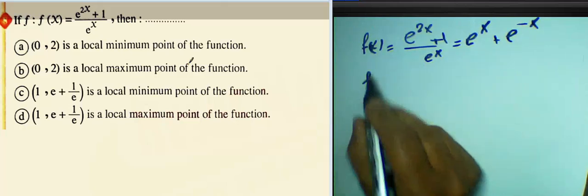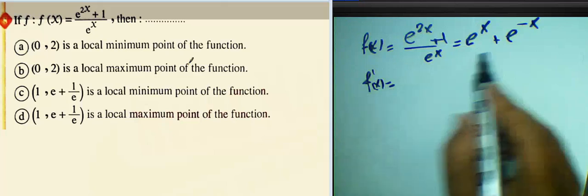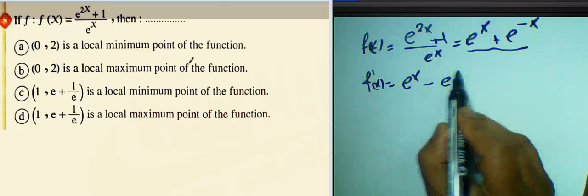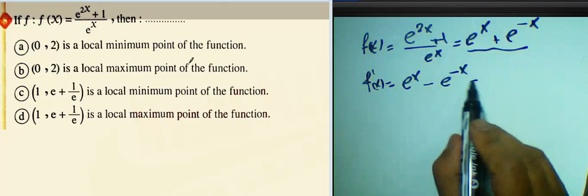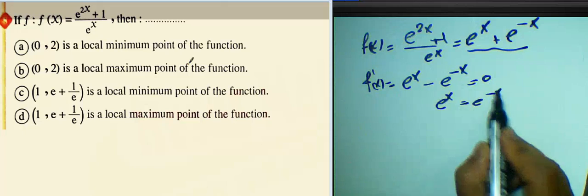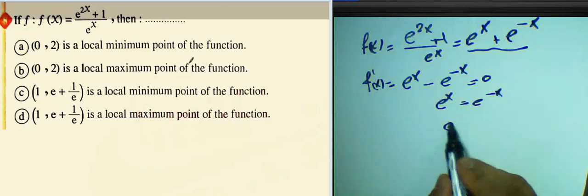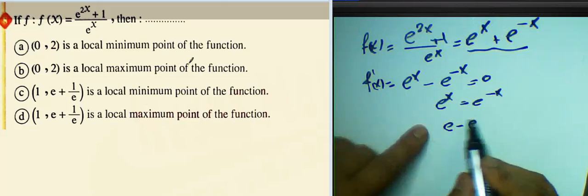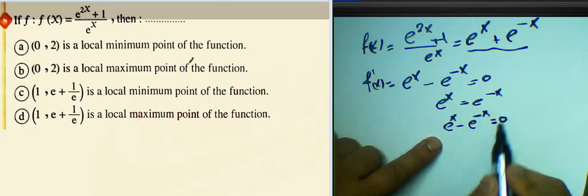f dash x will be what? The result here will be e power x subtract e power negative x. Put this function equal 0, then e power x equals e power negative x. e power x subtract e power negative x equals 0.